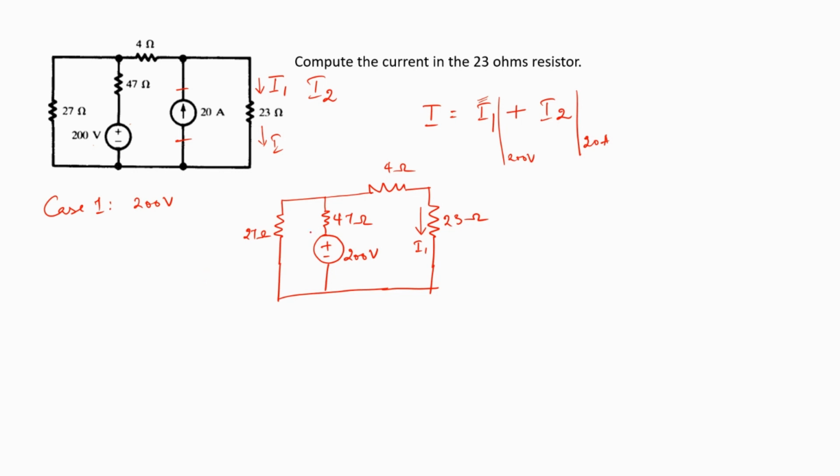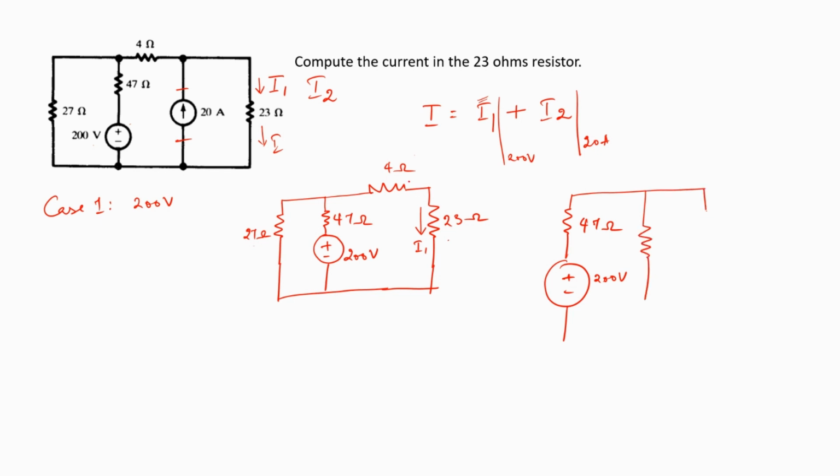If we observe, the 4 and the 23 are in series, which is in parallel with the 27 ohms. So I'll keep the 47 ohms as it is with the 200 volts. This is just simplifying. I can use any method to simplify. Since we haven't discussed this, let me go ahead with it.